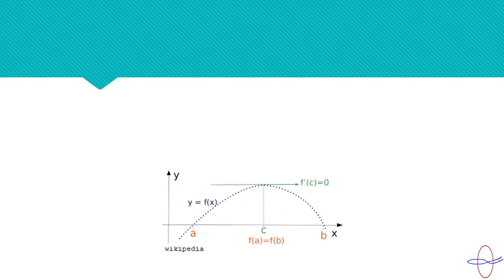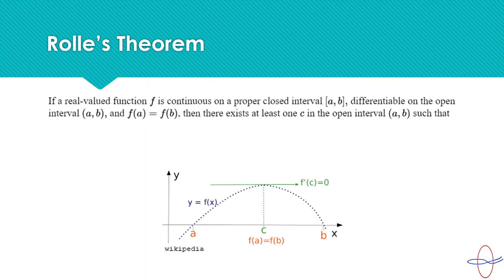As you know from the prerequisites, we need Rolle's theorem. So let's come back to the geometry of Rolle's theorem. We are given this picture. What does Rolle's theorem say?